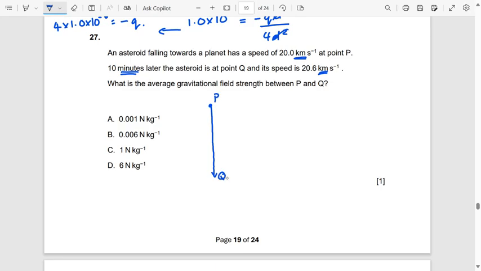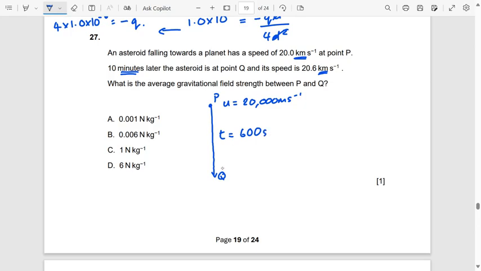So I've got P and Q. An asteroid is falling at a planet at an initial speed of 20,000 meters per second at point P. 10 minutes later, I don't like minutes, so I'm automatically going to times by 60 to get into seconds.